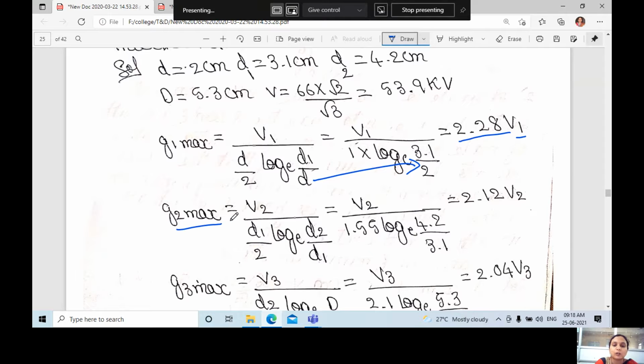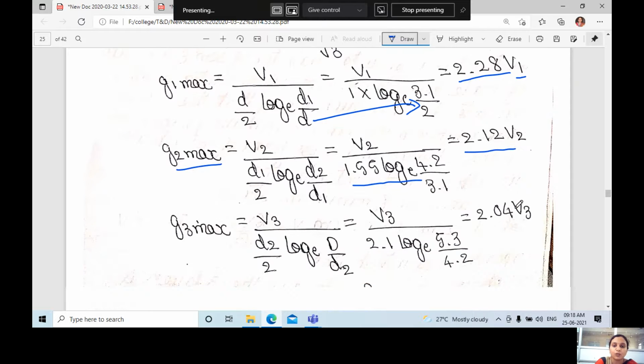Next, G2 max is equal to V2 divided by D1 by 2 log e D2 by D1, that is equal to V2 divided by 1.55 log e 4.2 divided by 3.1. If you solve, you will get 2.12 into V2.